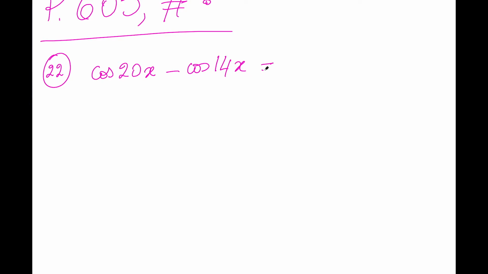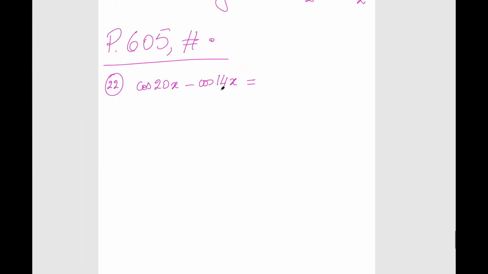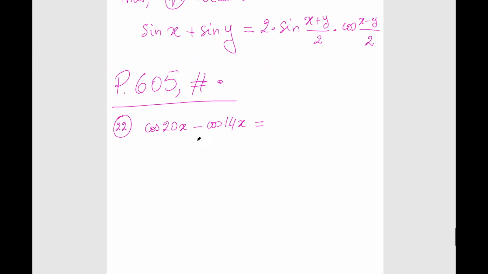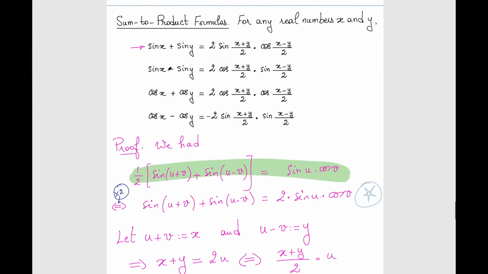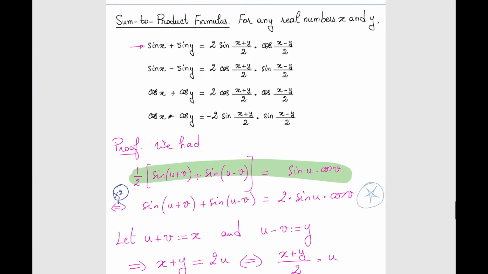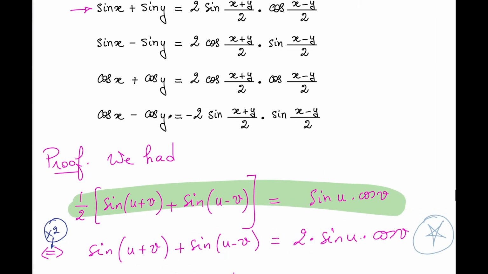Okay, so this is cosine of something minus cosine of something else. So what's that property that allows me to go from this difference between two cosine functions to a product? It's got to be one of these. So which one is cosine minus cosine? It's the very last one, correct? It's that one here.